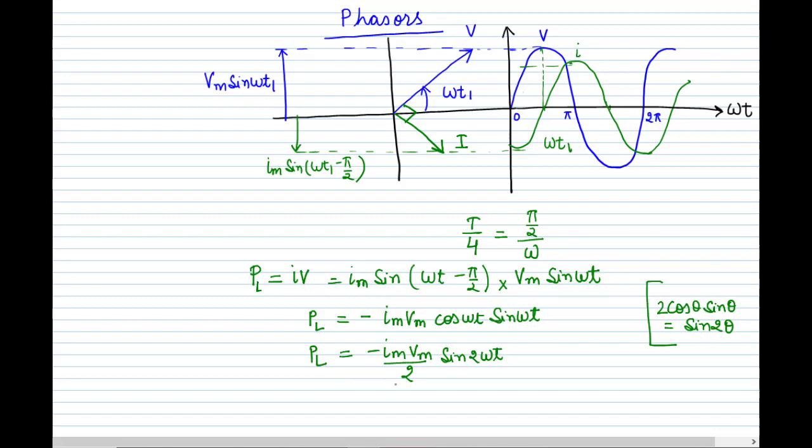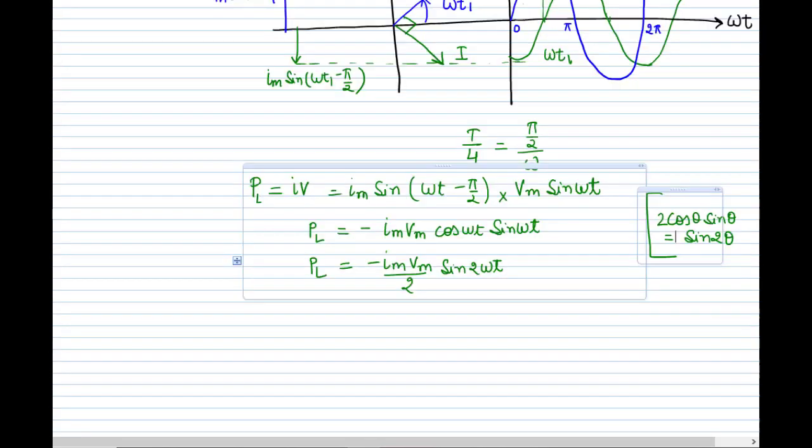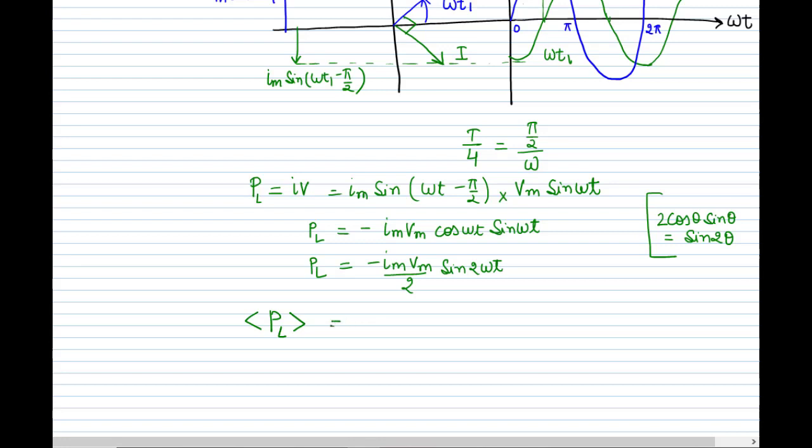And similarly, we can calculate the average power over a complete cycle. So if we take the average of the power over a complete cycle, then we take the average of this quantity, minus Im Vm upon 2 sin 2 omega t. So these are constants.